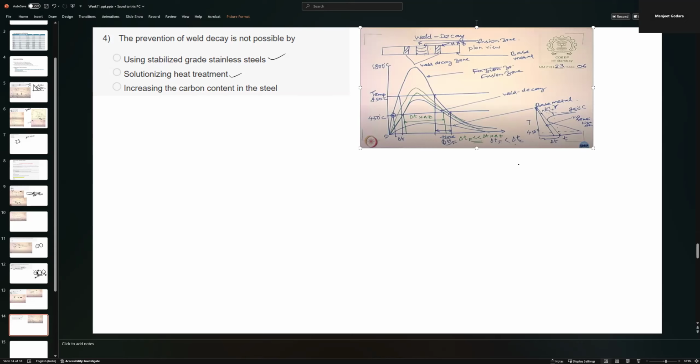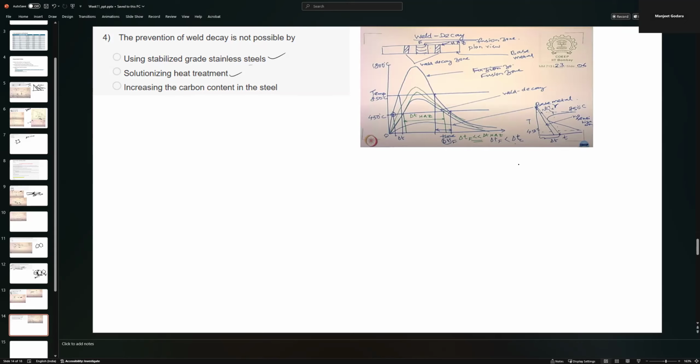So if you're using stabilized grade stainless steel, you'll have titanium carbide or niobium carbide that will prevent formation of the other carbides in the heat affected zone. So these two are incorrect.